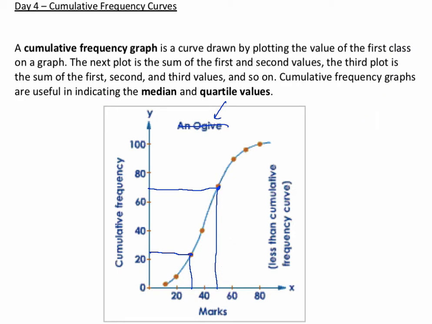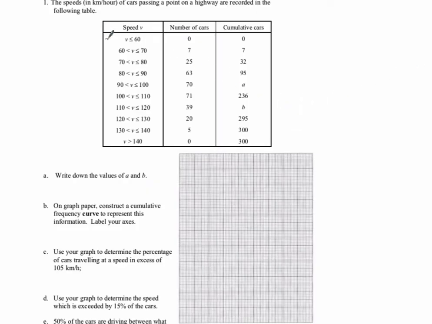Let's see how to actually produce the graphs. You make these kinds of graphs from grouped data, and here we have some speeds. In this case we've got 7 cars in this range, and then 25 cars in this range.